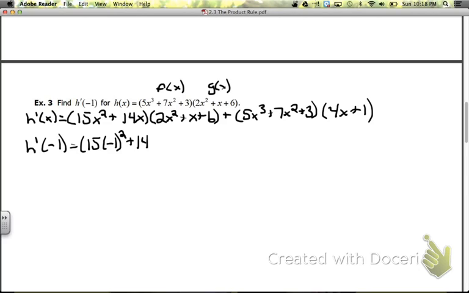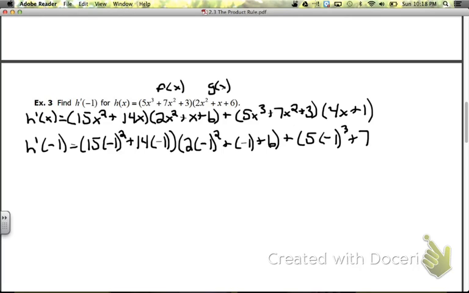Bear with me here as I do that. It would be even more time consuming and tedious if I expanded and simplified all this before subbing in our -1. And hopefully you're able to fit it all on one line there.